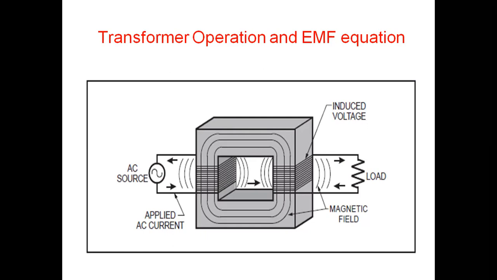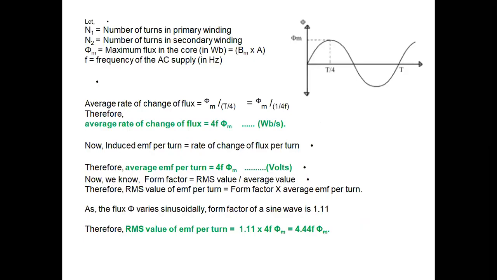Let me explain how we can represent the induced EMF in the secondary by mathematical equations. Due to the AC source at the primary winding side, this is the flux setup.